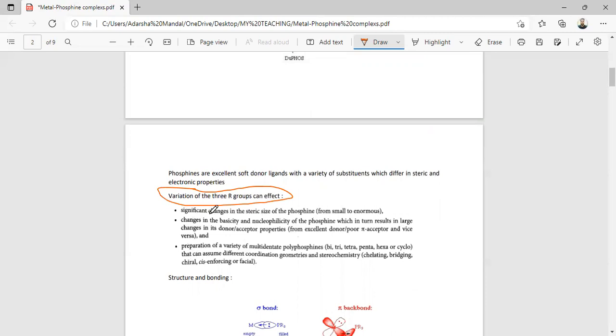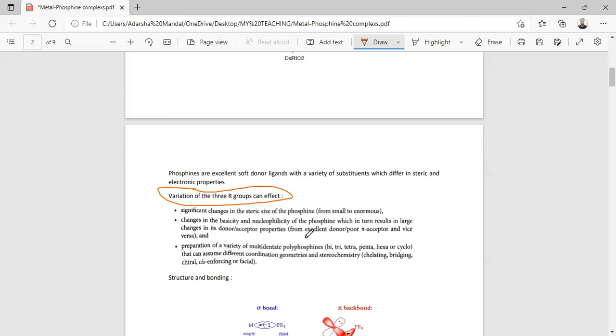Significant changes in the steric size of the phosphine, and changes in the basicity and nucleophilicity of the phosphine, which in turn result in a large change in the donor acceptor properties. That means if the R group in PR3 is changed by electron donating or electron withdrawing substituents, it can change the basicity or nucleophilicity of the PR3.